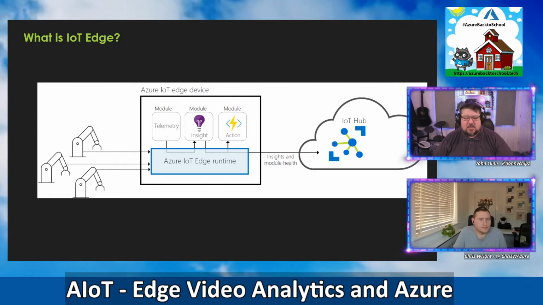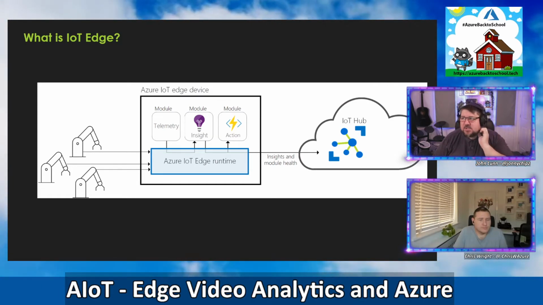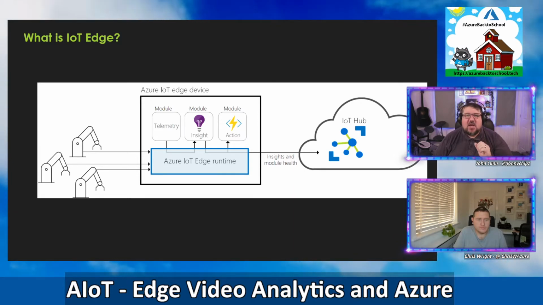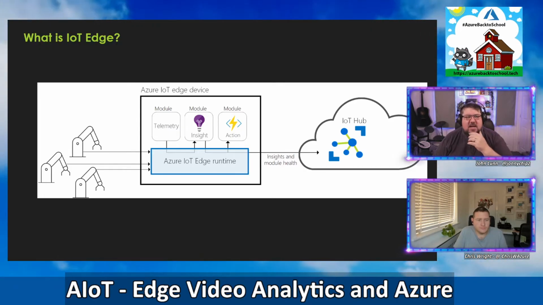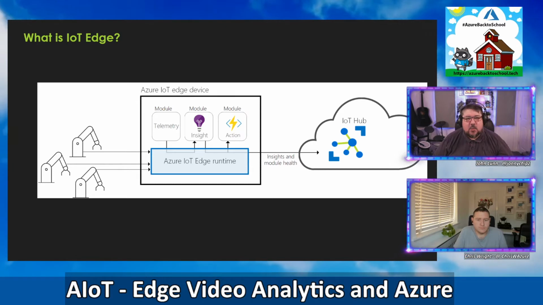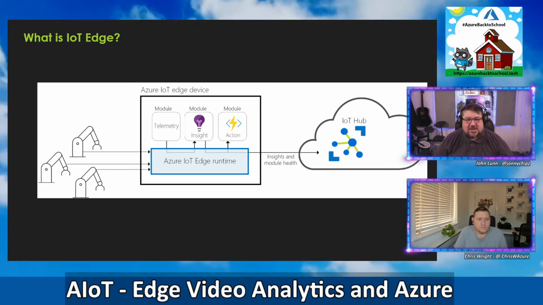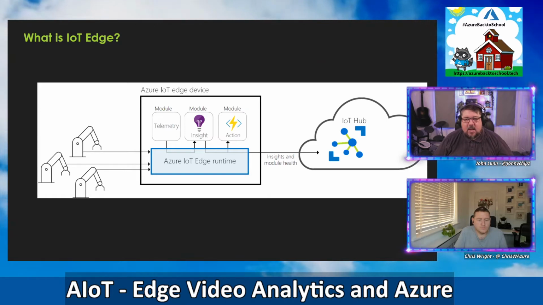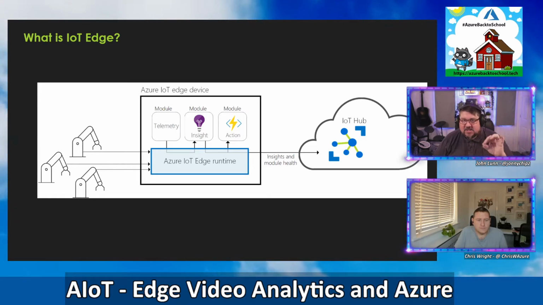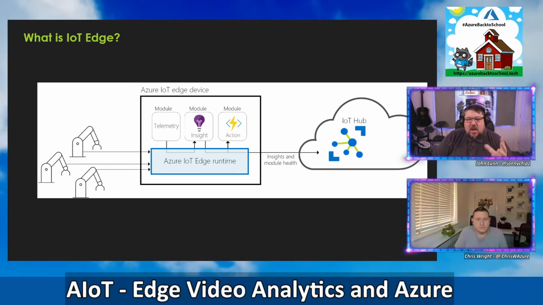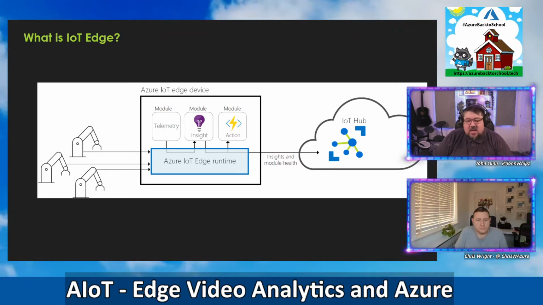So first off, a little bit of blurb. I'll try not to ramble too much, and I'll keep this as layman's terms as possible. What is IoT Edge? Fundamentally, we've got a couple of different mechanisms to hook devices up to the cloud. Edge devices are a very specific use case. Fundamentally, an IoT Edge device is a mini computer like the Jetson Nano.